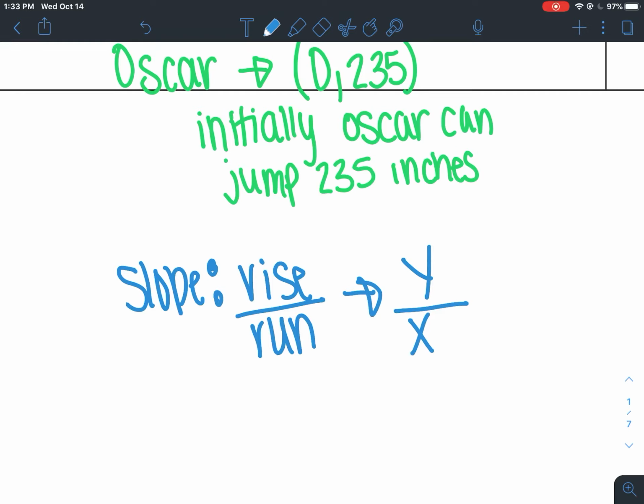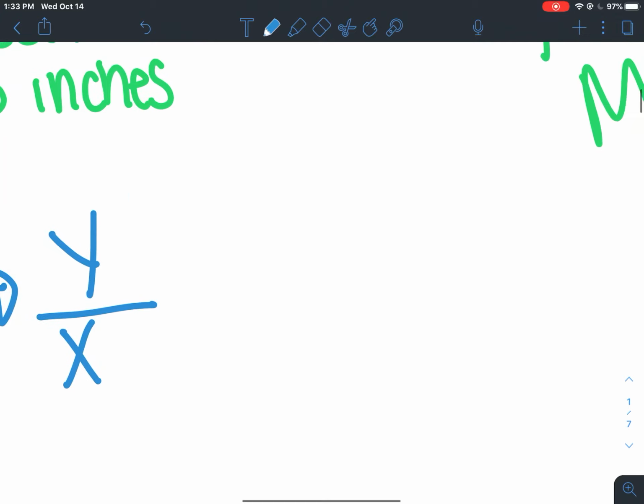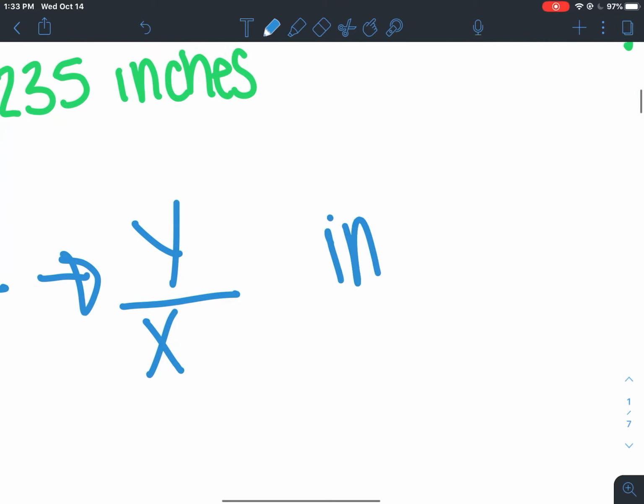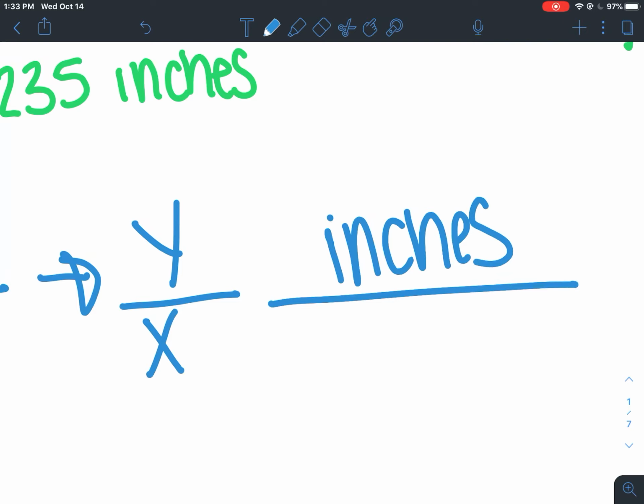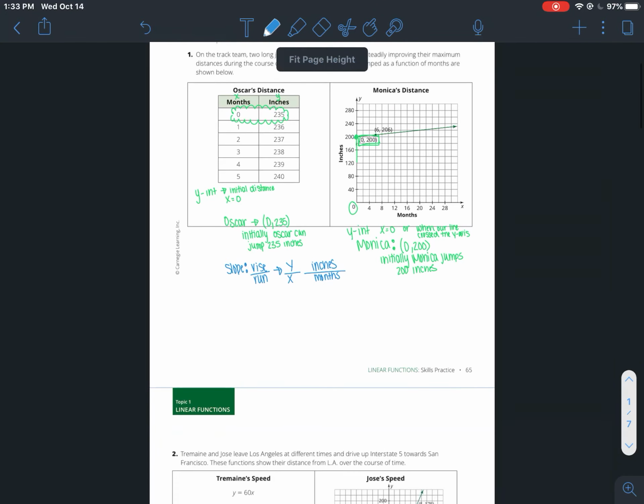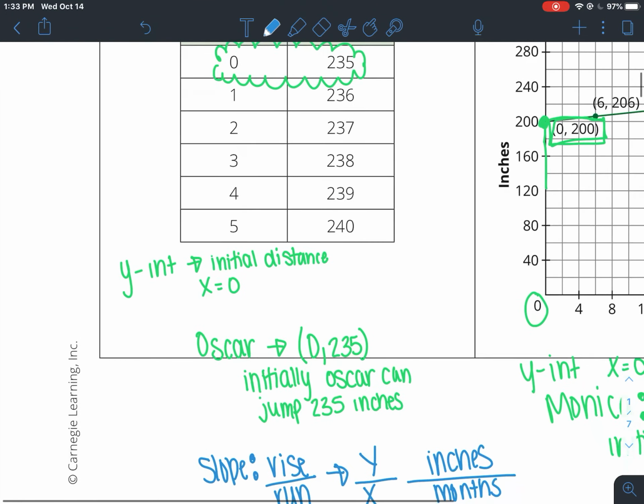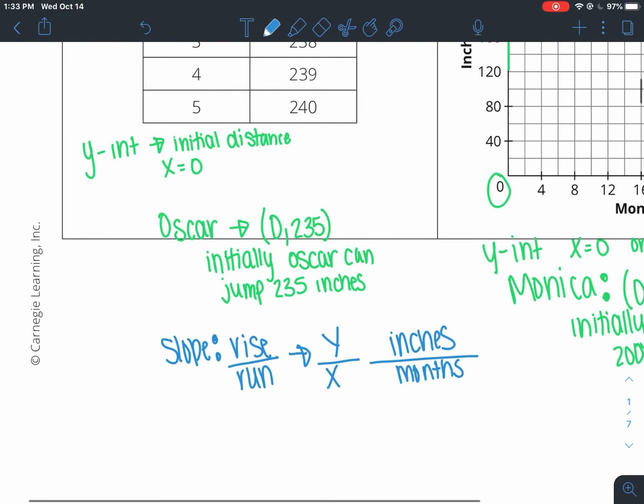It's on the x-axis, left to right, so run. Y values represents inches per x value is months. So inches per month. So I need to find the difference between the y's, difference between the x's.